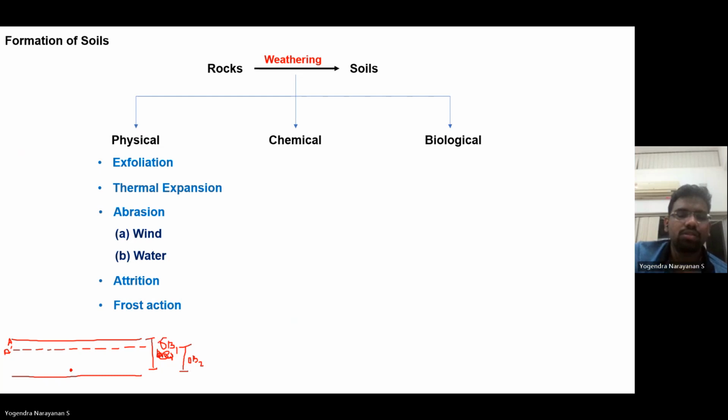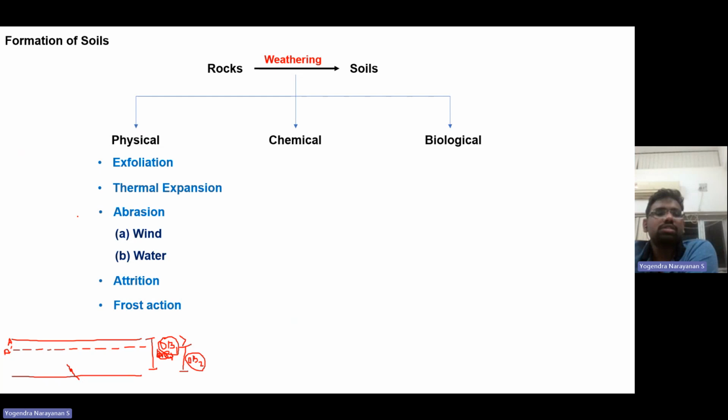So OB1 will be greater than OB2, which results in the reduction of stresses and causes a stress relaxation. Due to this reduction in stresses, there will be further development of cracks in the considered point.